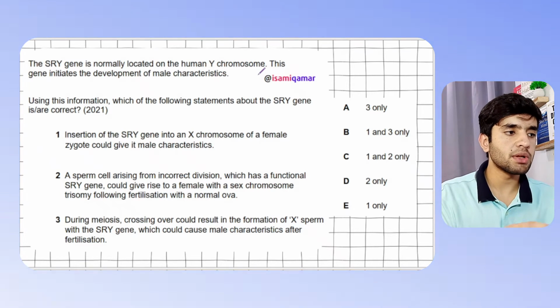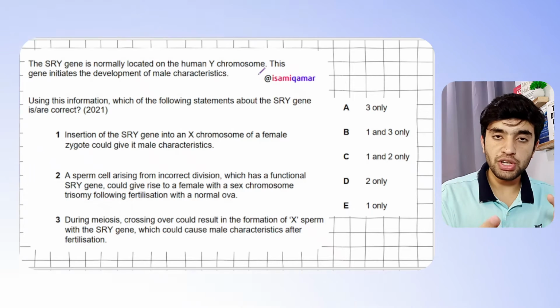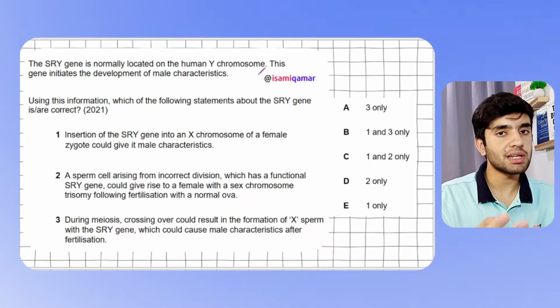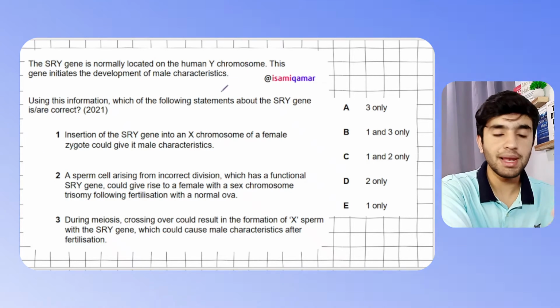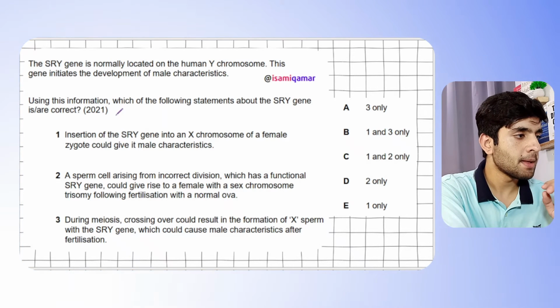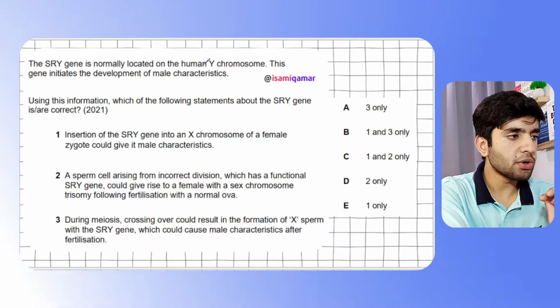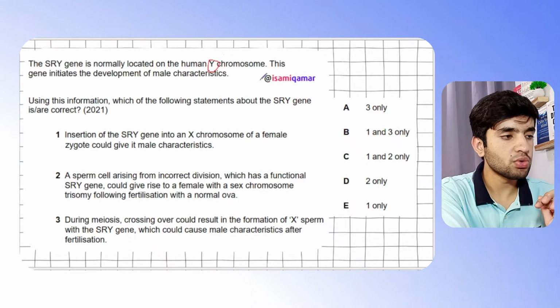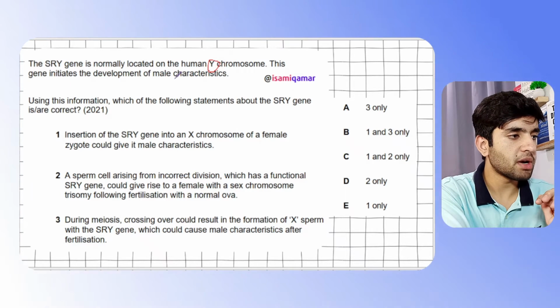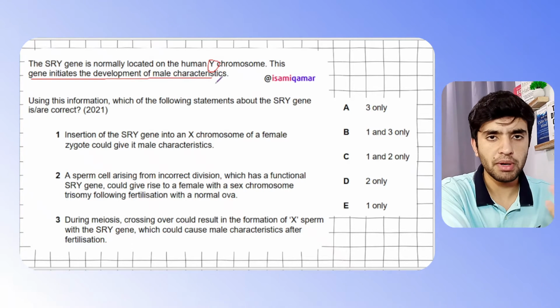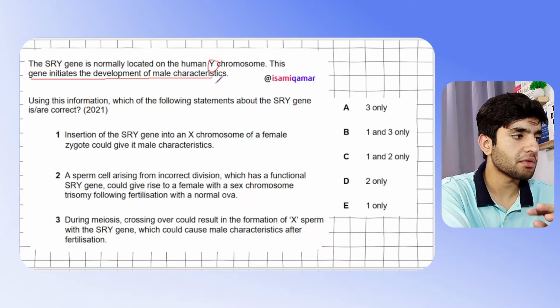These are the appearances due to the SRY gene, and then genitalia is also due to the SRY gene, that is for maleness. You must know that this gene initiates the development of male characteristics, primary and secondary sexual characteristics.